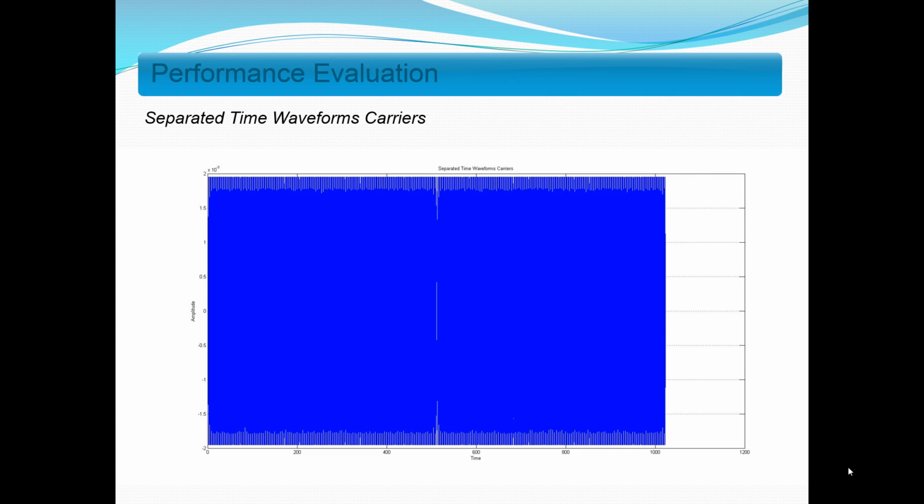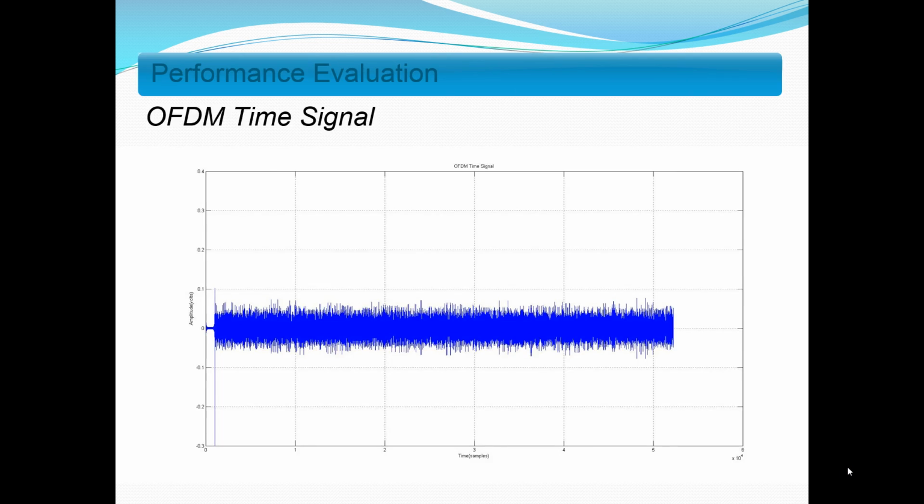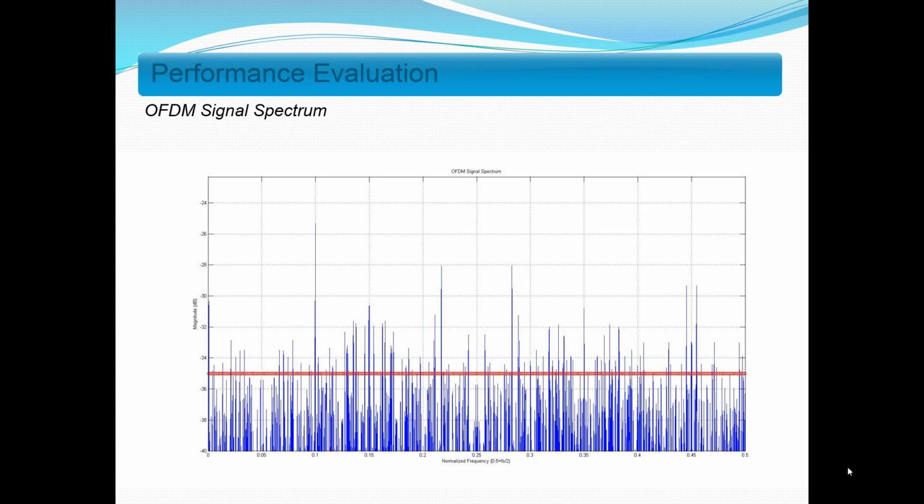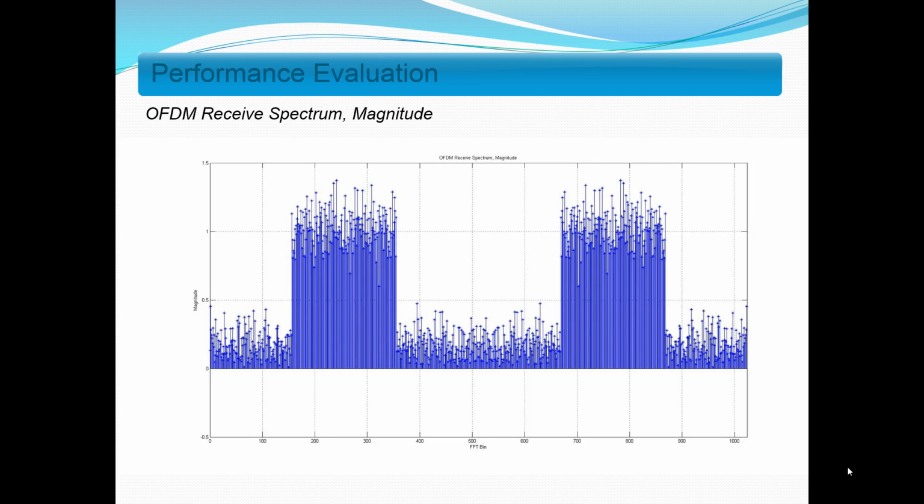And we can see the separated time waveforms of the carriers and the OFDM time signal. And the OFDM signal spectrum. And here, this is the OFDM receive spectrum. And this is very important because from these pictures we can see the OFDM receive signal.